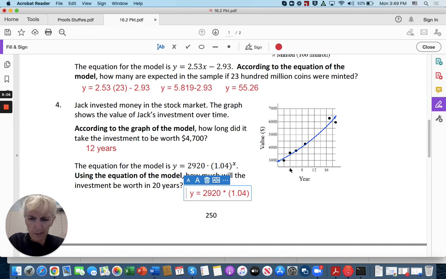Where's my power button? Shift 6. Okay. Raised to the power of 20.